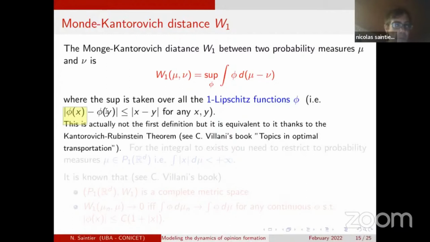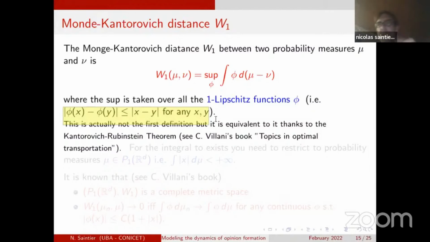So it's very close to the total variation norm, except that in the total variation norm the test function phi was only required to be between -1 and 1. Here it's different: you need the function to be 1-Lipschitz.